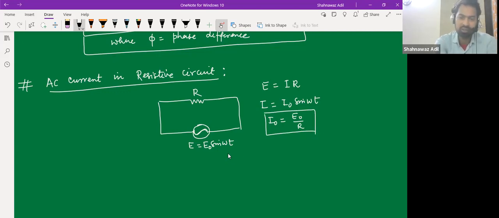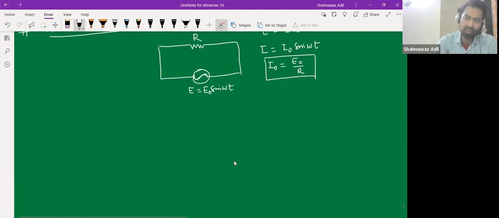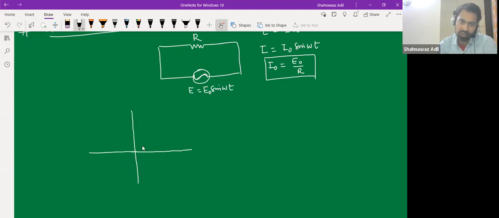And then we drew the phasor diagram. So the phasor diagram was this one.